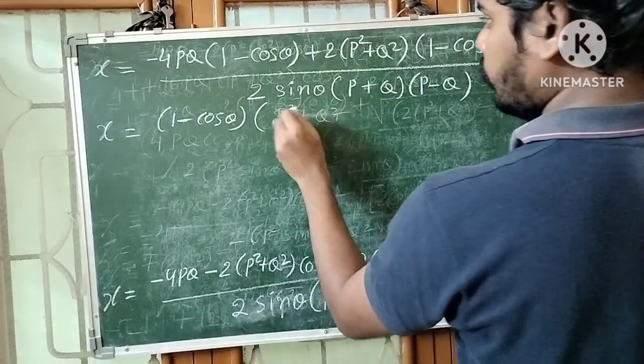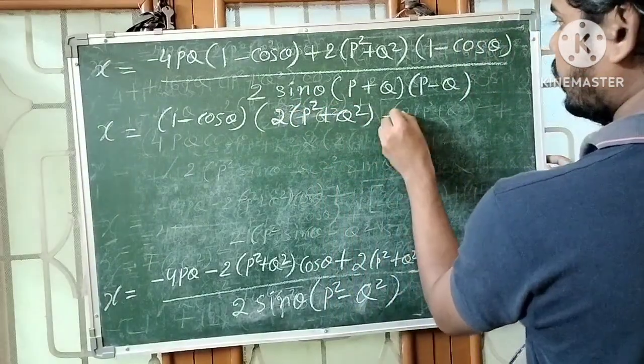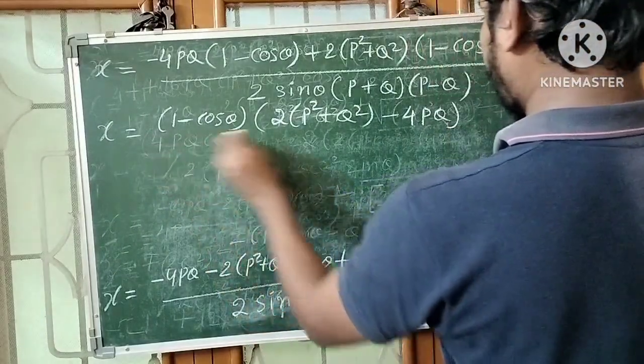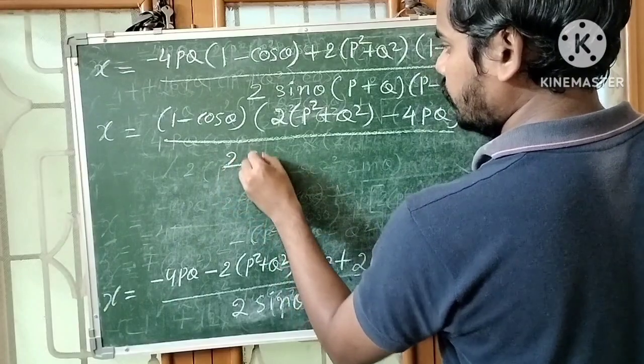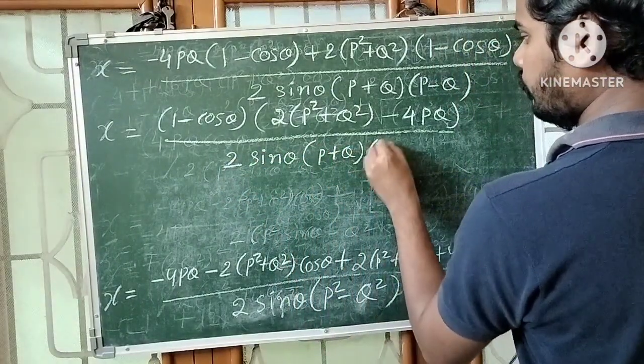So it can be 2 into p square plus q square minus 4pq, whole divided by 2 sin theta into p plus q into p minus q.